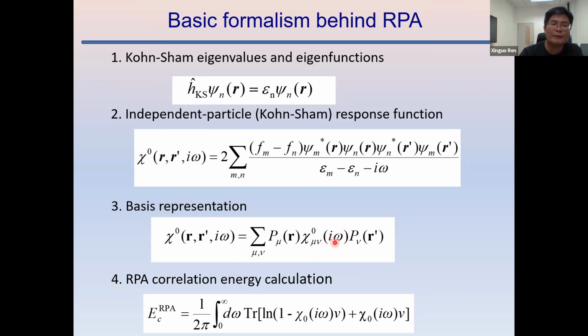At each frequency point, it becomes a matrix. So this matrix form of the non-interacting response function is a key quantity that one needs to compute. Once you have that, one also needs to compute the bare Coulomb interaction within the same basis set P. Once you have these two matrix forms, the RPA correlation energy can be computed by simple matrix algebra.